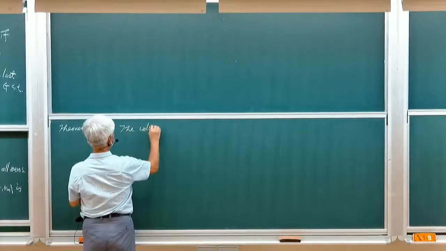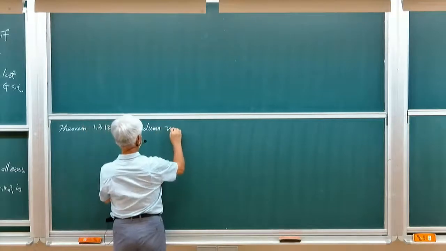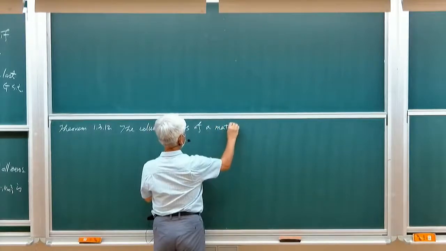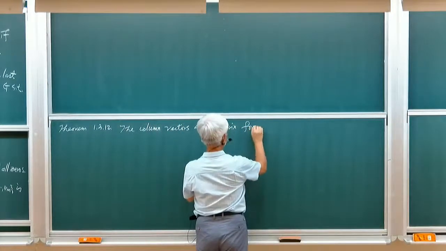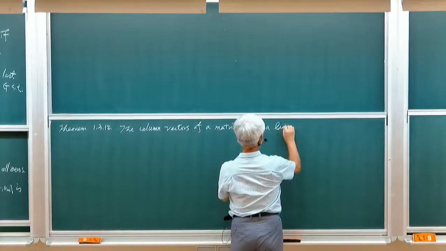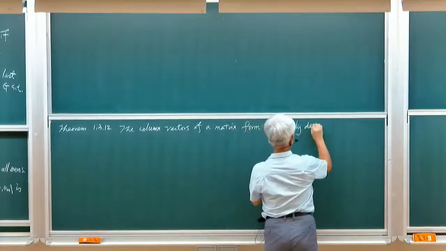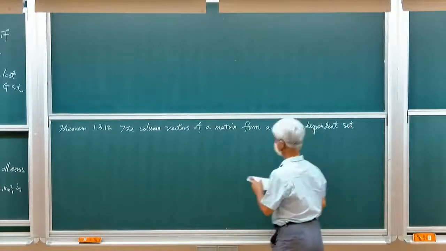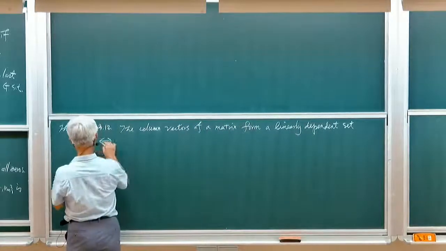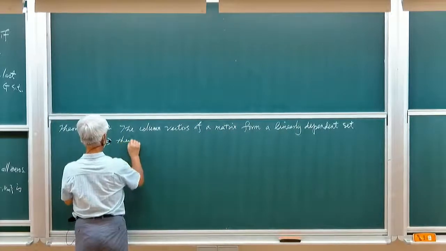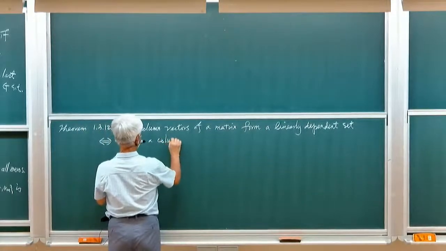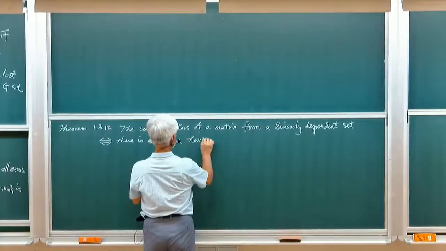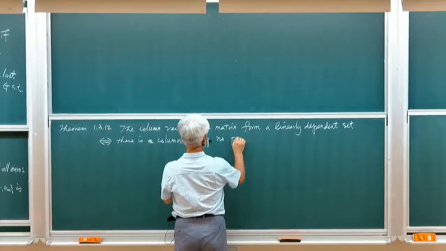The column vectors of a matrix form a linearly dependent set if and only if there is a column having no pivot position.